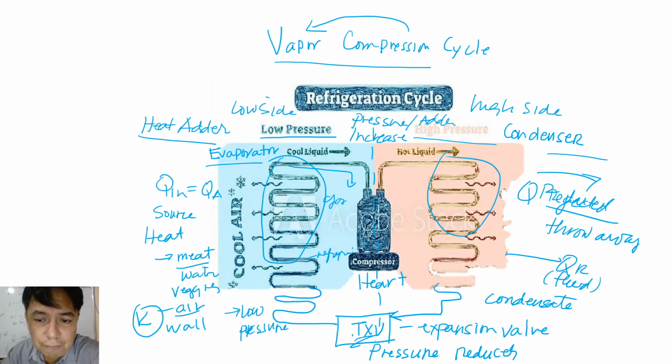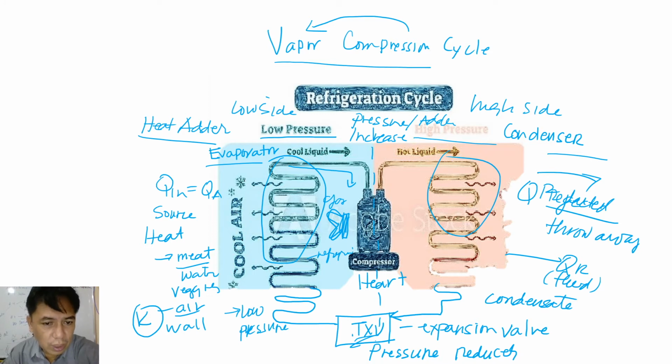So the air is here. The air is with the fan. Normally when you study refrigeration, of course this is the basic, but in actuality there's a fan blowing, like a blower blowing here. So it is absorbing heat, but it's blowing.